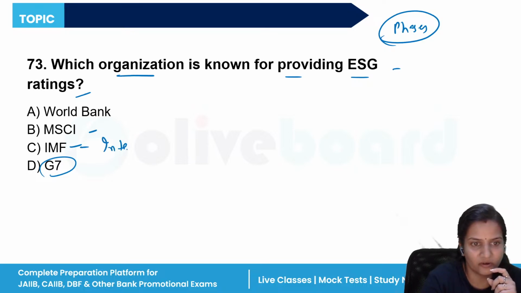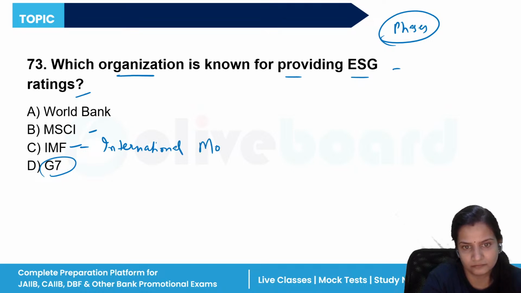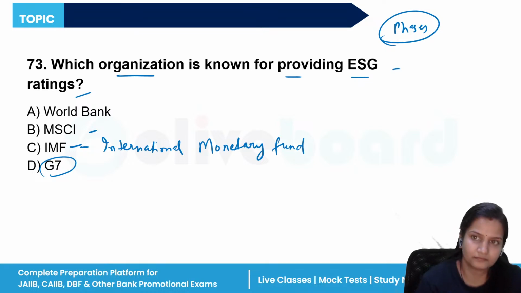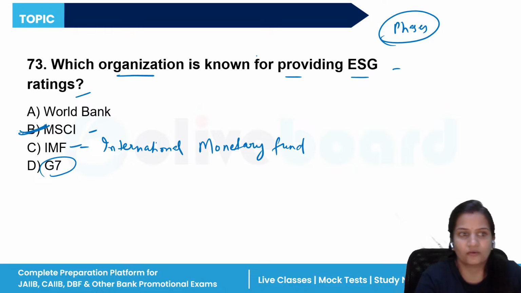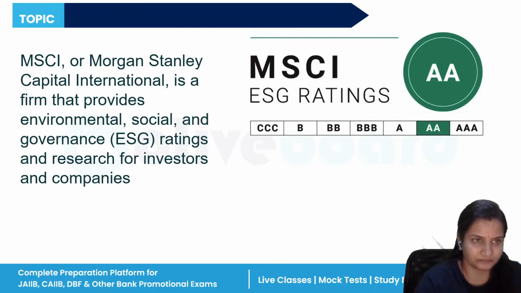IMF is International Monetary Fund. Tell me if anybody knows. It is MSCI. Okay, so this organization is basically known for providing the ratings related to ESG.